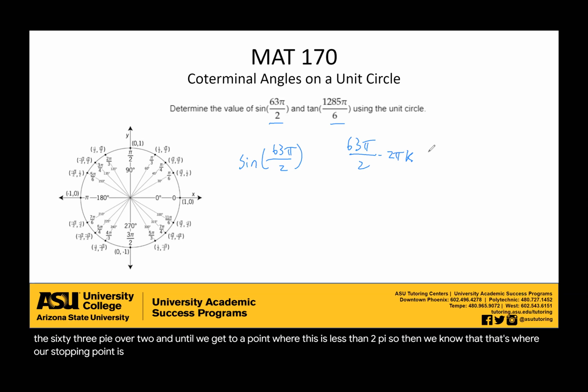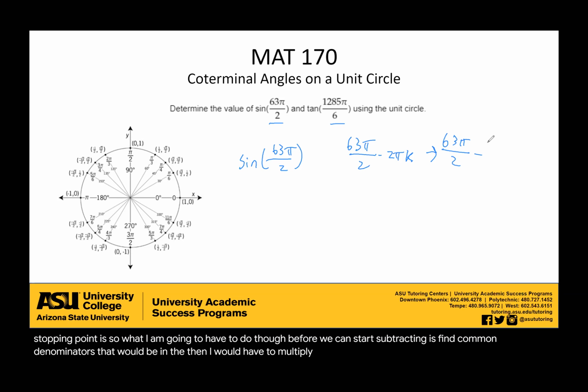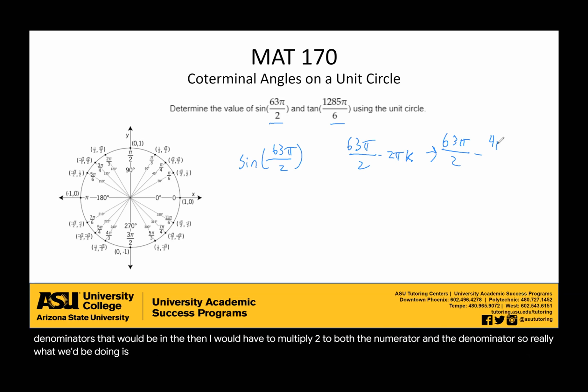So before we can start subtracting, I am going to have to find common denominators. That would mean I have to multiply 2 to both the numerator and the denominator. So really what we'd be doing is having 4 pi k being subtracted from 63 pi.